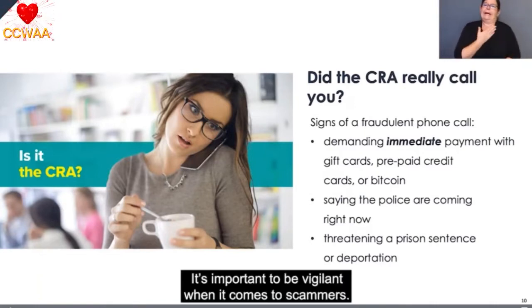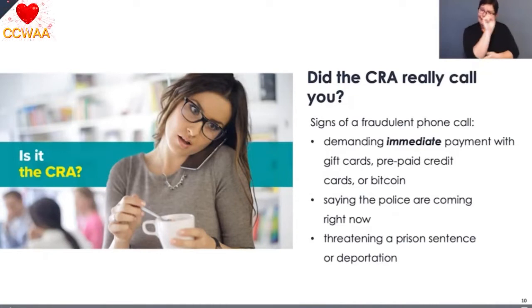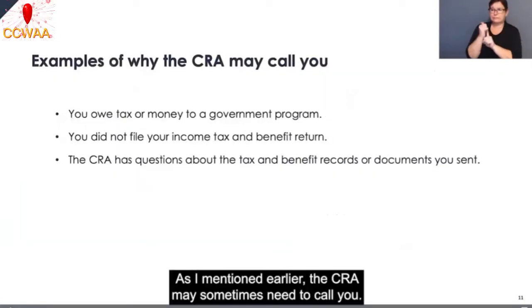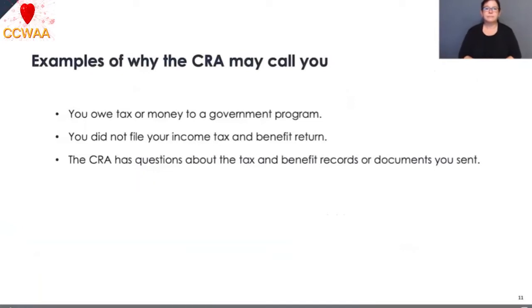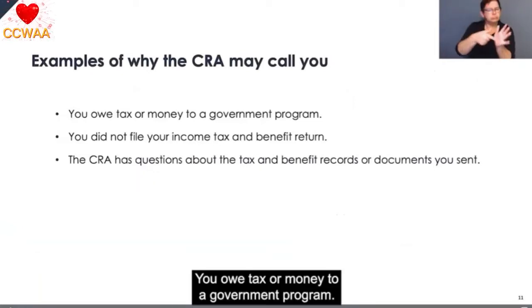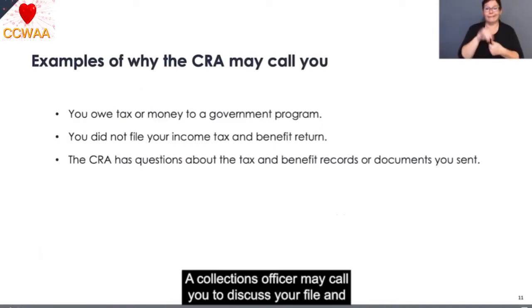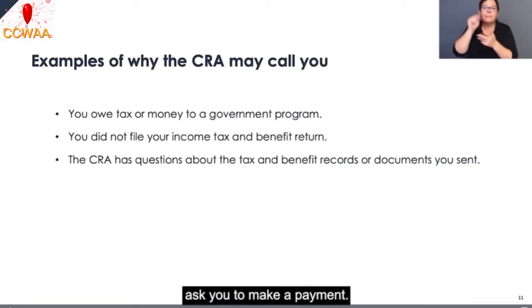It's important to be vigilant when it comes to scammers. As I mentioned earlier, the CRA may sometimes need to call you. Here are some examples. You owe tax or money to a government program. A collections officer may call you to discuss your file and ask you to make a payment.